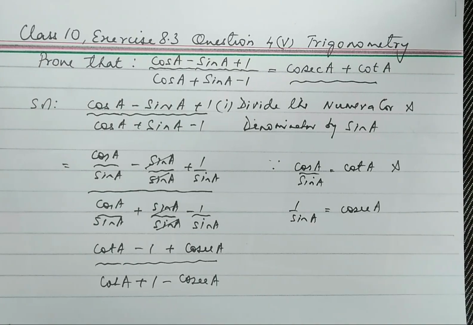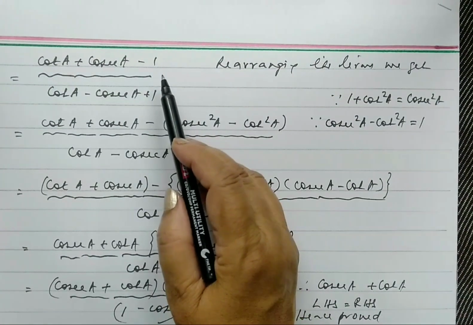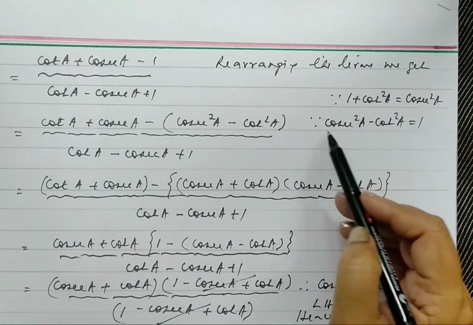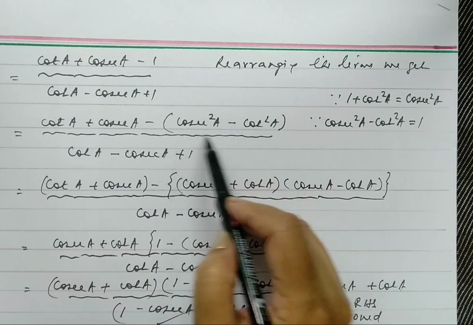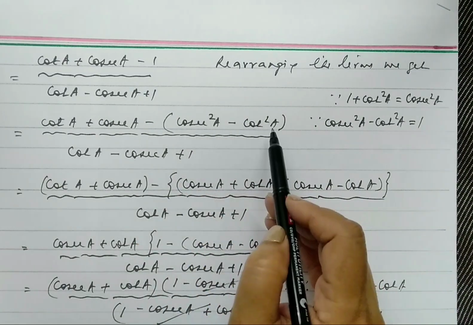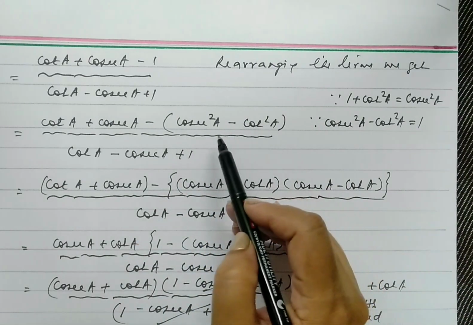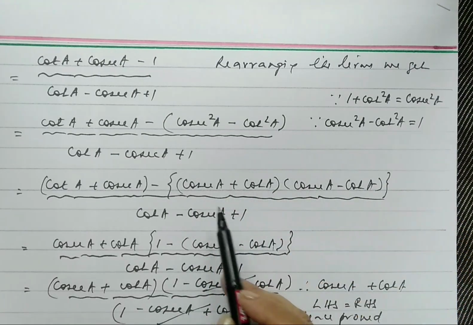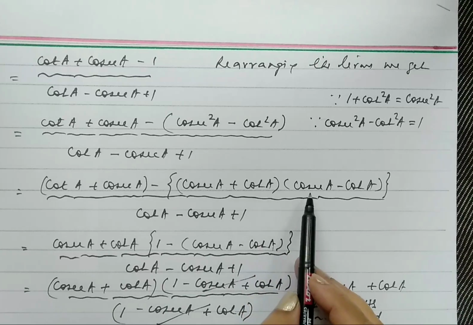Next, having substituted 1 with this formula, we get here, and this is expanded as per the third identity, a squared minus b squared. Therefore we get a plus b, a minus b.